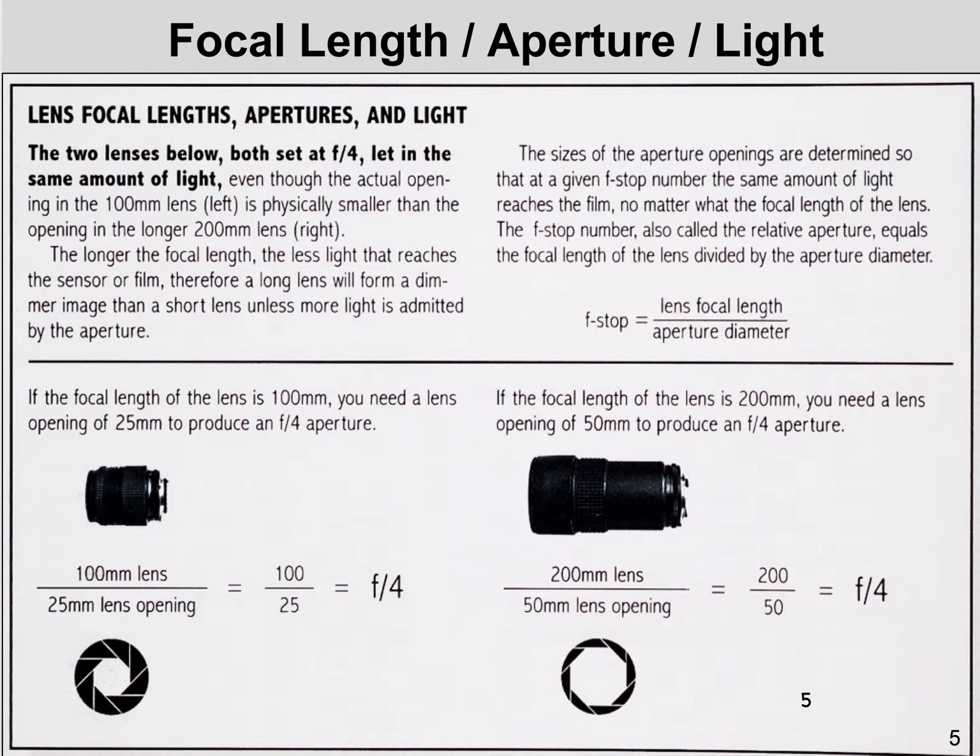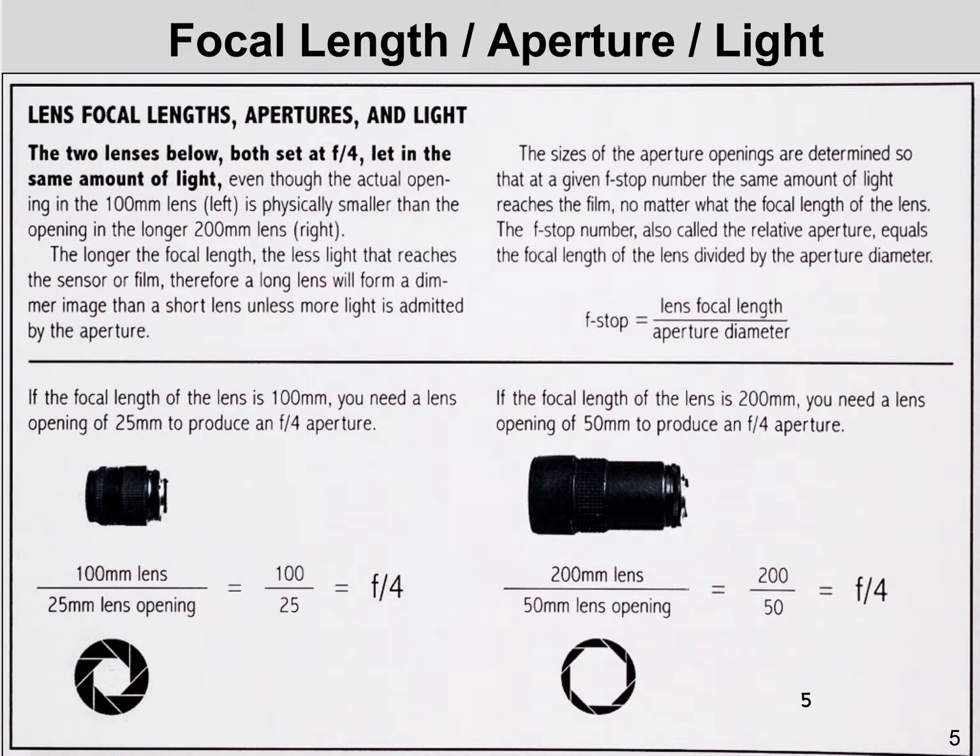Some things that we might want to consider here are how we get the f-stop numbers. I don't make you memorize this by any means, but here is the actual equation that helps you figure this out. Your f-stop is determined by your lens focal length divided by your aperture diameter.